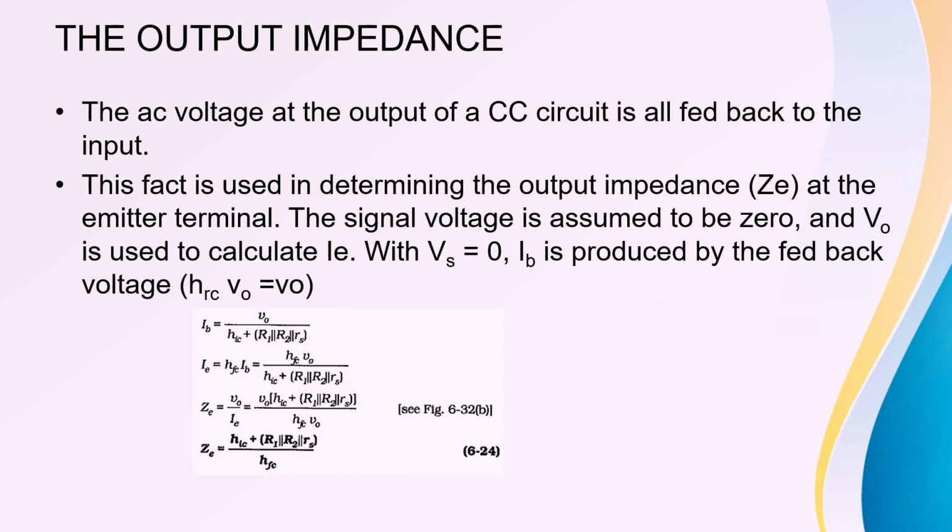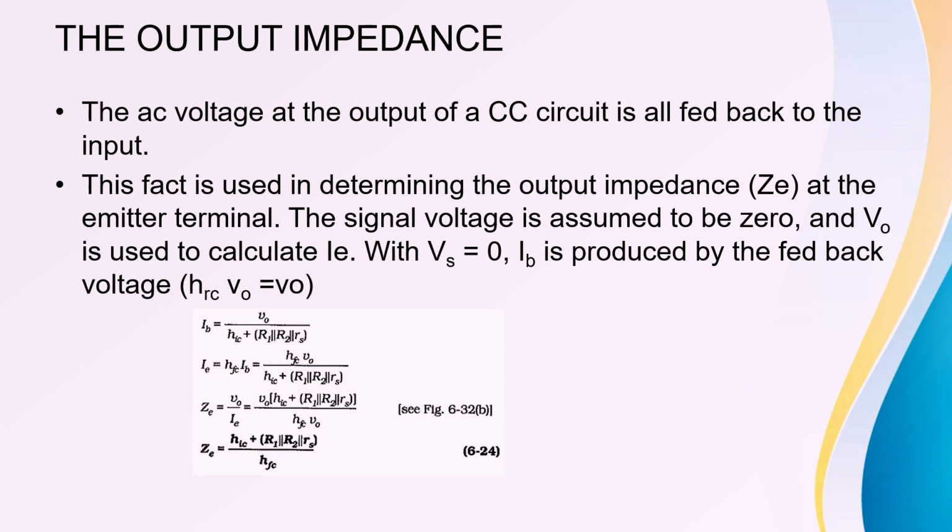The AC voltage at the output of a CC circuit is all fed back to the input. This fact is used in determining the output impedance. The output impedance of a common collector is the impedance at its emitter terminal. The signal voltage is assumed to be 0 and it is used to calculate the emitter current. With the signal voltage 0, the base current is produced by the feedback voltage, and this is the equation to calculate the emitter impedance.